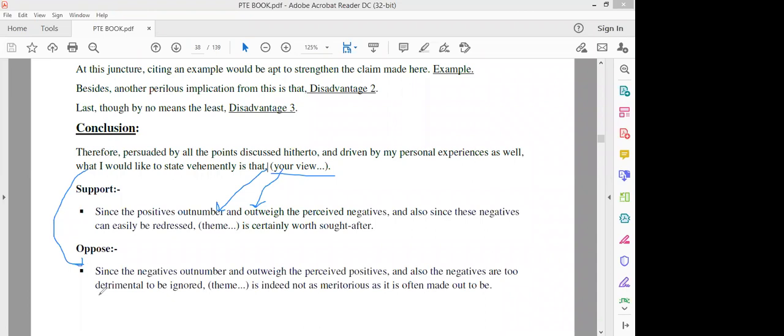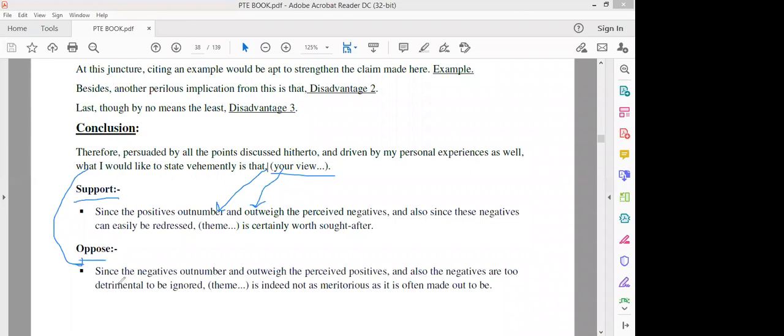Immigrating to far off countries for the purpose of gaining higher qualifications and better career opportunities is indeed not as meritorious as it is often made out. So either you support or you oppose. Only any one has to be chosen.